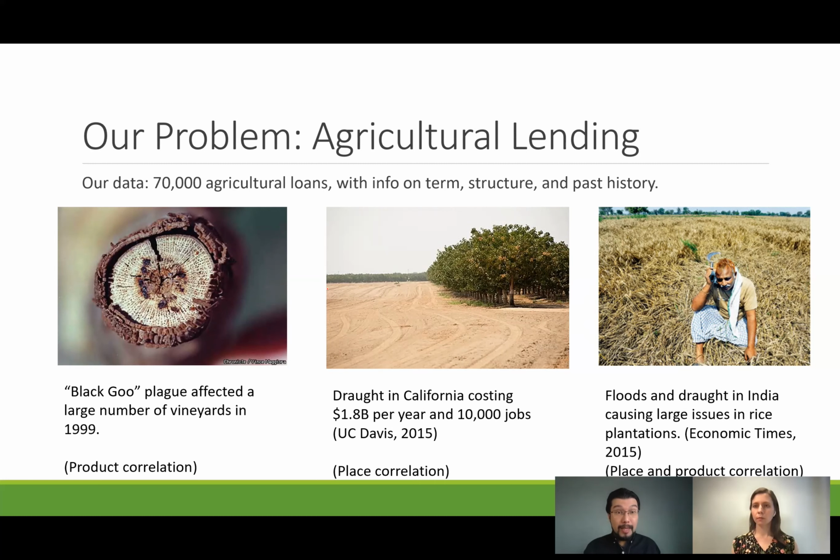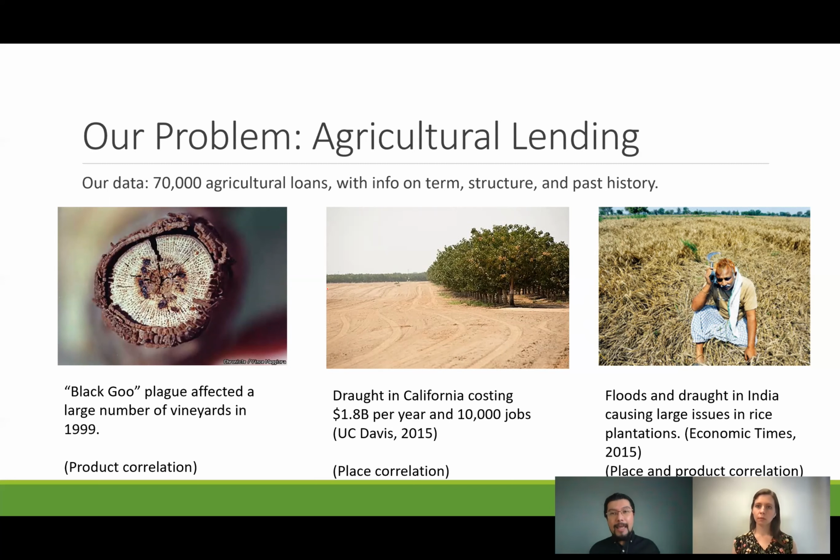For example, the black goo plague affected a large number of vineyards in California in 1999. That's product correlation. A drought in California cost around 1.8 billion per year and 10,000 jobs, according to a UC Davis study. And that's a place correlation. There was a drought in a particular place and everyone was affected by that.